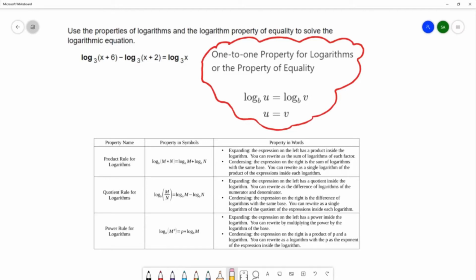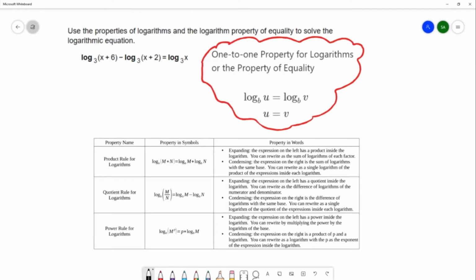You'll notice I have subtraction in between the logs, so I'm going to go down to the property that has subtraction. When we have subtraction of two logs, we can condense them to a single log using division inside of the log. That's called the quotient rule for logarithms.